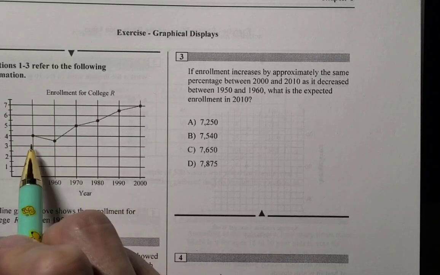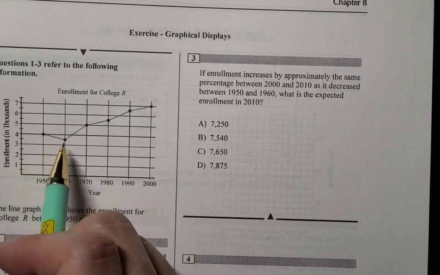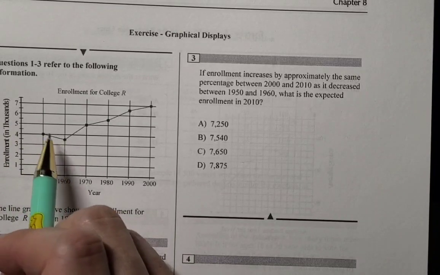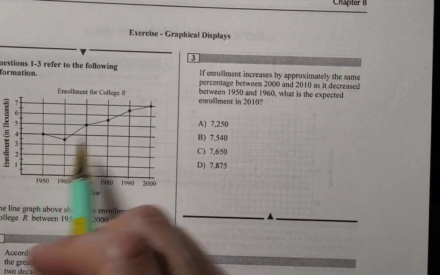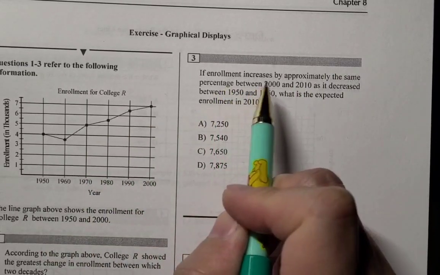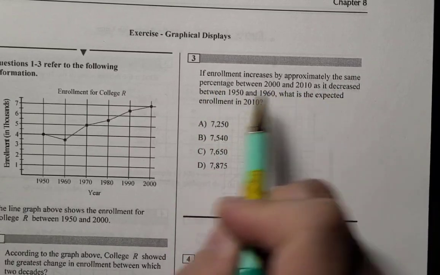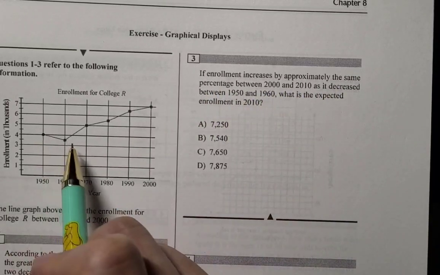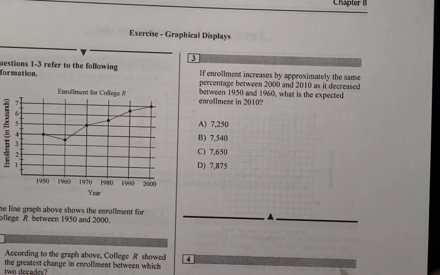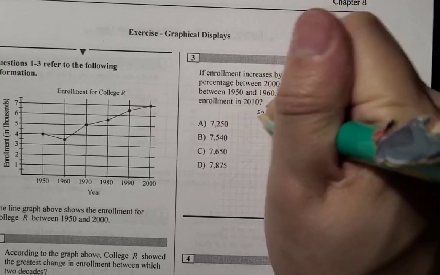It decreased by 500 because this is in thousands, so half a thousand, 500. Enrollment decreased by 500, but it's asking for percentage. So what's the percent decrease here? Remember how to find percent change? The change is 500.